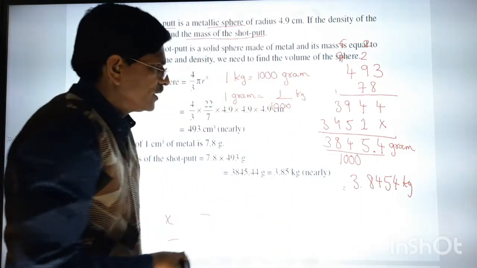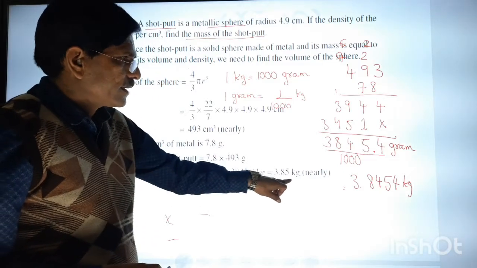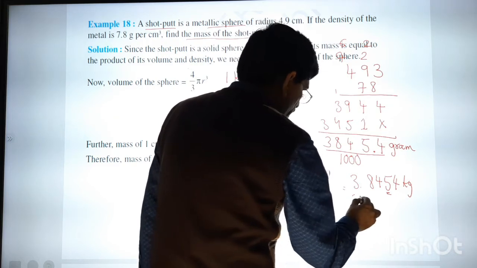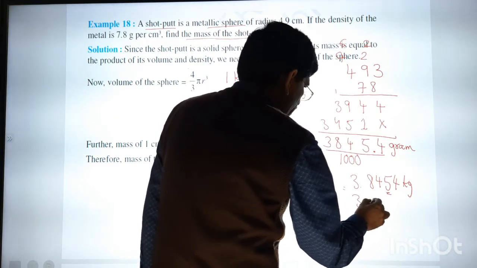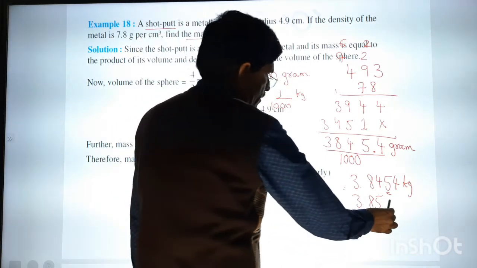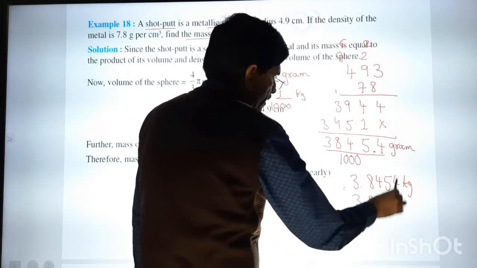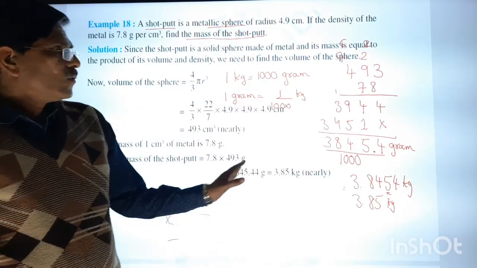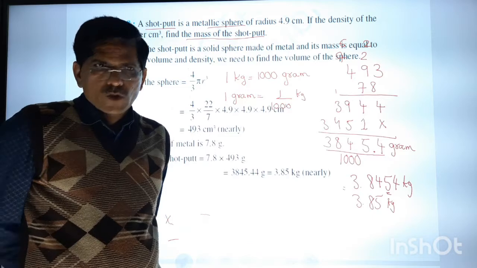But convert into nearby. So here 5 is there. Here the digit is 5. So we can write 3.85 kg. I hope you have understood this type of sum, and whatever I explained, you have understood it.